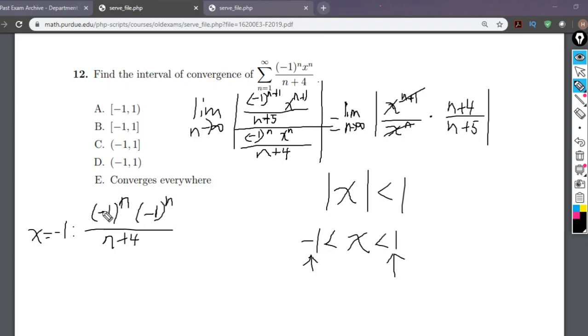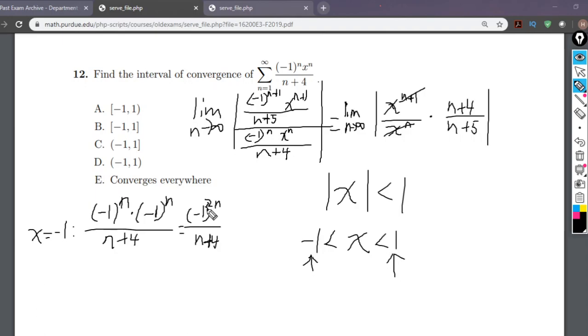And we can see here the exponent rule, when you multiply two exponents with the same base, you add them. It would be -1 to the 2nth over n plus 4.